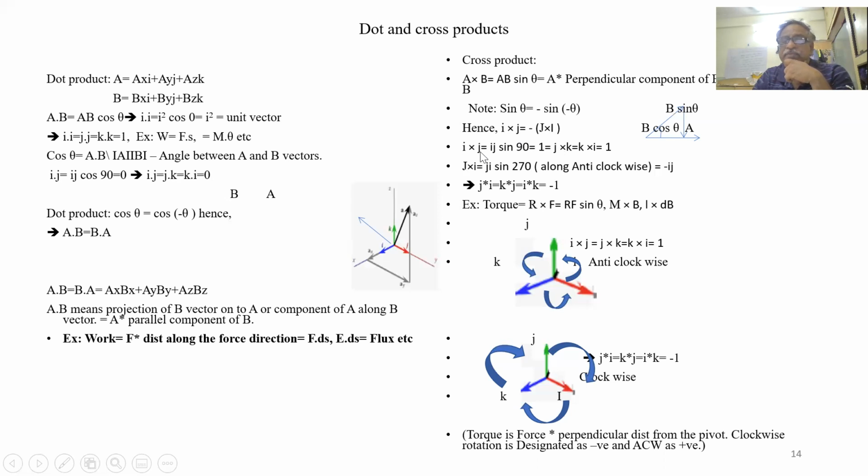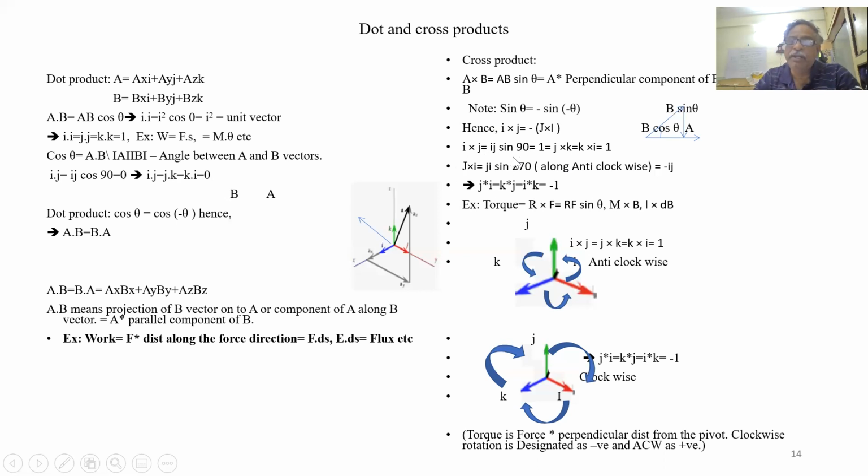I cross J is IJ sin 90, which prevails. I cross I is I square sin 0, and sin 0 is 0. So when we do cross product, I cross I, J cross J, K cross K get 0. So only what prevails?